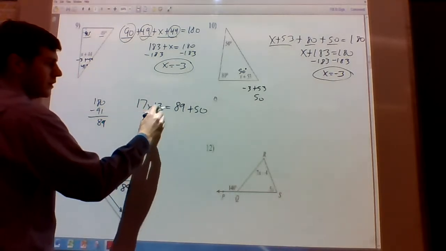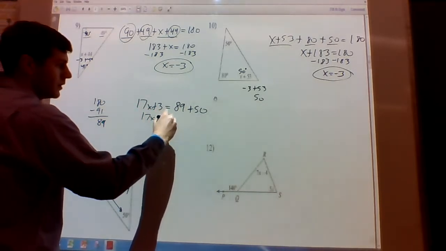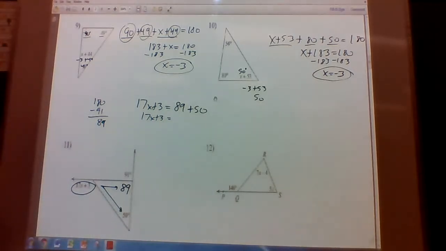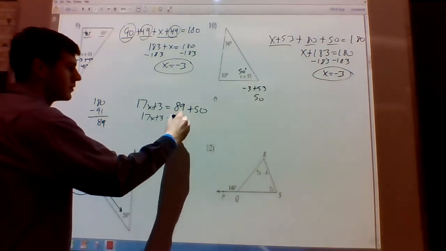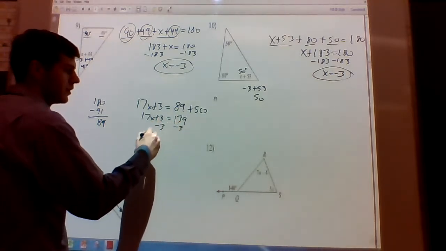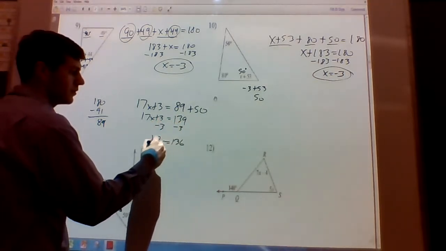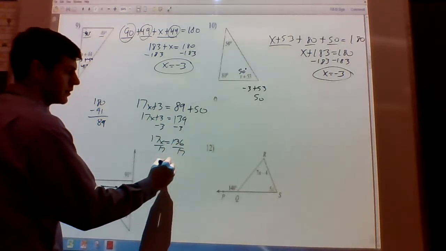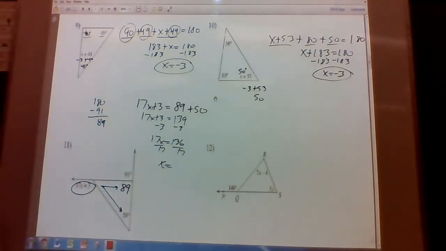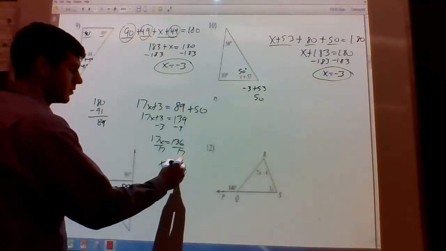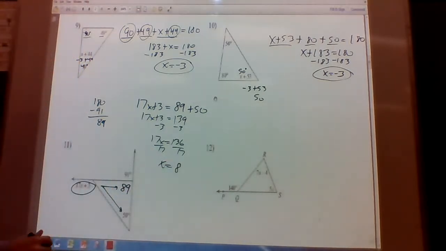So we have 17x plus 3 equals 139. Minus 3, 17x is going to equal 136. Divided by 17, x equals 8.